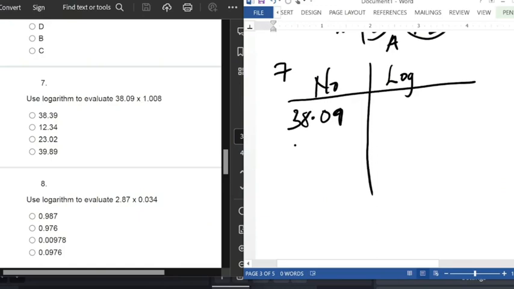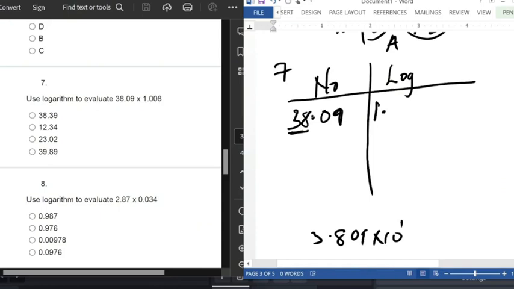The first part is the characteristics part, which will be determined from the whole number. The digits we have in the whole number, they are just 2. So just subtract 1 from the 2, that gives us 1 point. And I have explained that this is just from standard form. If you take this to standard form, you are going to have 3.809 times 10 raised to what? 1, because you only move the decimal point once.